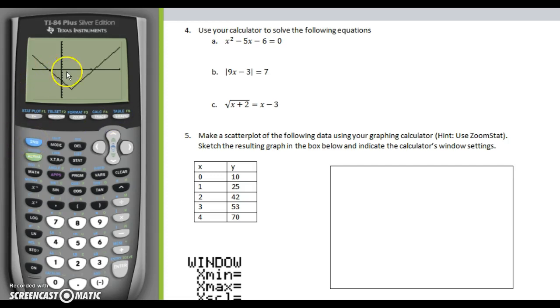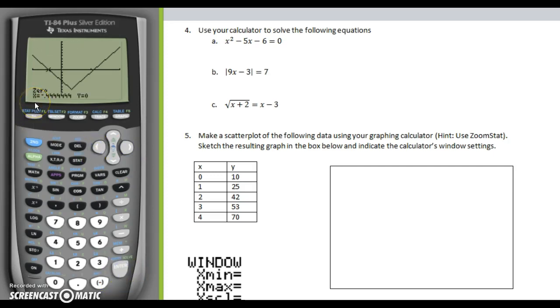Again, there's two solutions here, and we'd find them one at a time, doing second, calc, and then 0. And then you do a left bound. I'll do the one on the left first. So left bound, enter, right bound, enter, guess, enter.